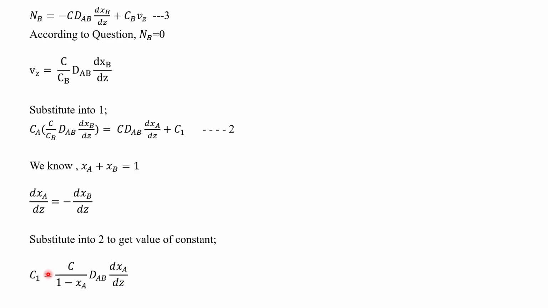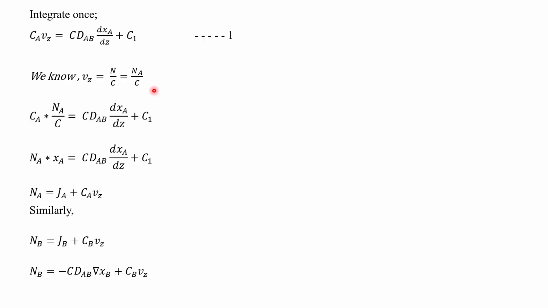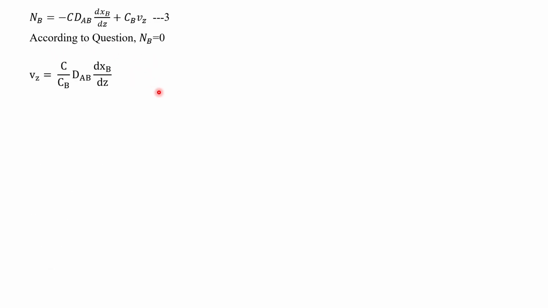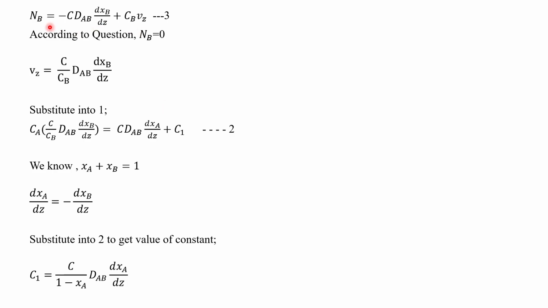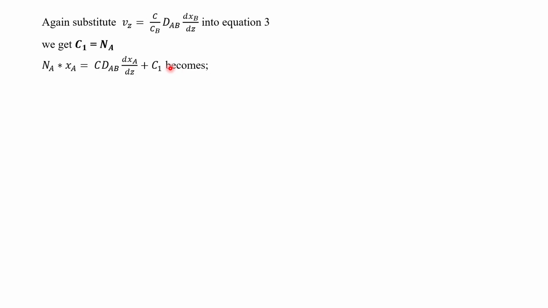We cannot directly substitute this constant here to solve it. So we have to find something related to that. So we again substitute Vz into equation 3. This one. We substitute Vz here, and this is our major output, or we can say conclusion.